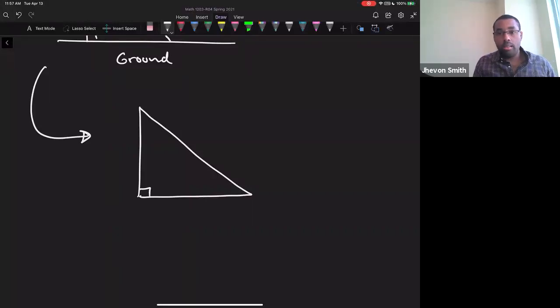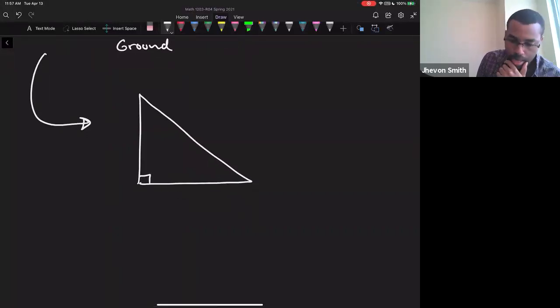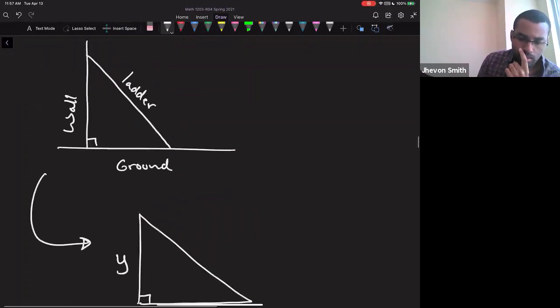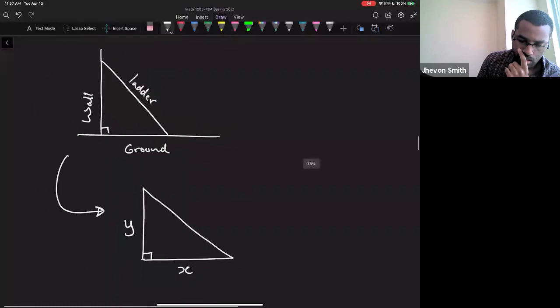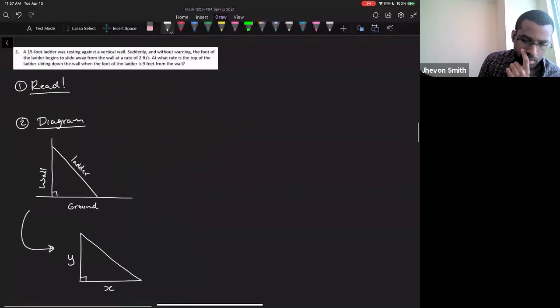And I can label this right triangle. Let's say I label this X, and the height Y. What do I label the hypotenuse? I just did X and Y like the X and Y axis. What about the hypotenuse?